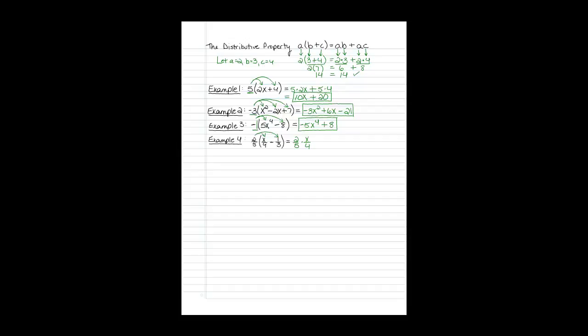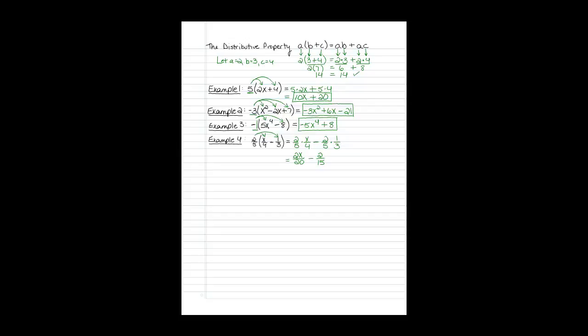Minus 2/5 times 1/3. And then just perform the multiplication. So 2 times x is 2x. 5 times 4 is 20. When you multiply fractions, you multiply straight across. Minus 2 times 1 is 2. 5 times 3 is 15.